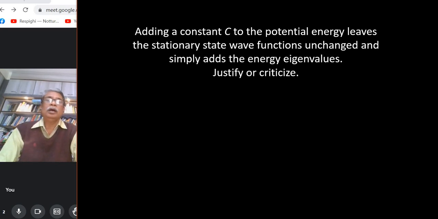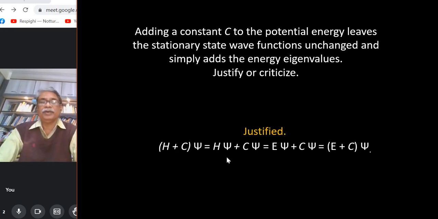So the last question: adding a constant C to the potential energy leaves the stationary state wave functions unchanged and simply adds to the energy eigenvalues. Justify or criticize. Let us explore it. It is justified first of all.